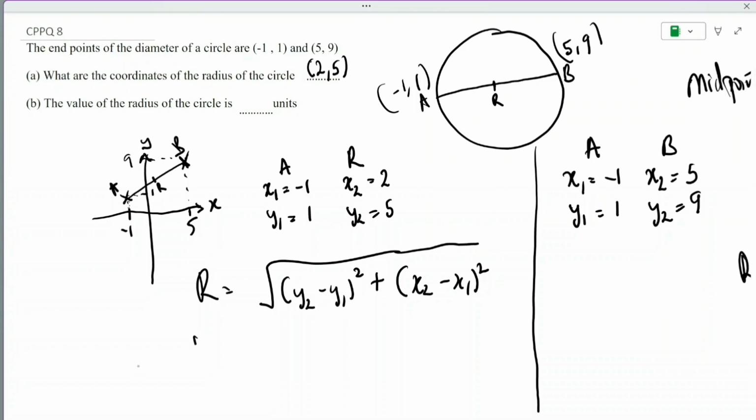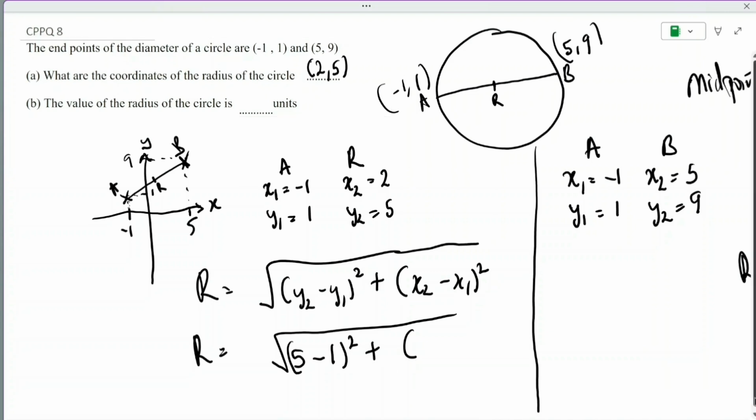So we have r equals square root of y2, in this case 5, minus y1, which is 1, close bracket square, plus x2, in this case 2, minus, and you have to be careful here in particular because students make mistakes as regards negatives.